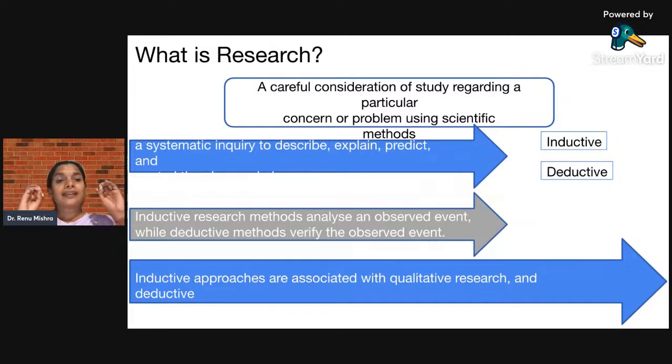So first of all, get rid of that fear, get rid of that thinking that I can't do research. No, every one of you can do that. So when I tell you what exactly a research is, basically every one of you, whenever you are conducting a study, I want you to visualize this thing.